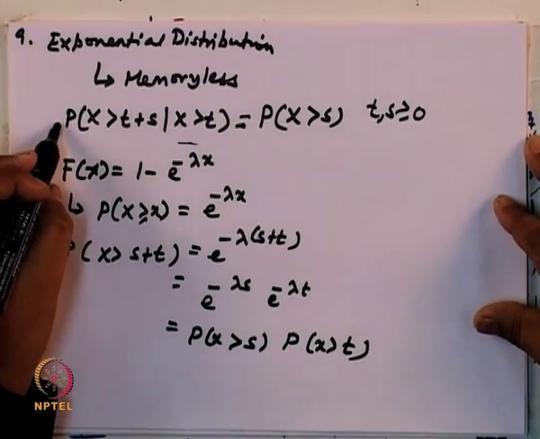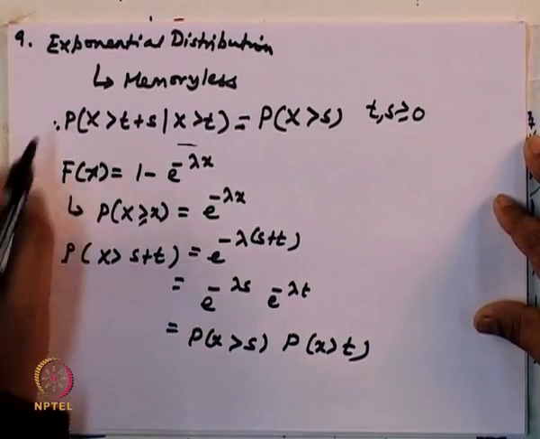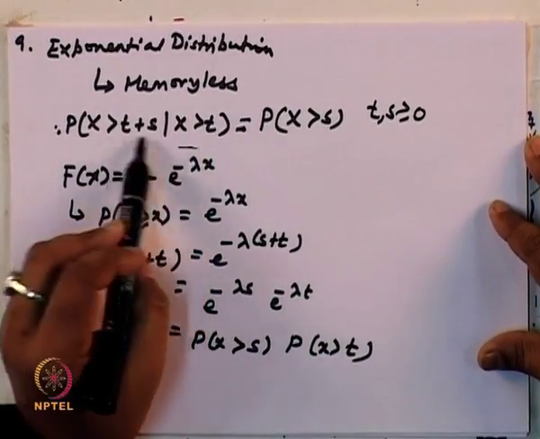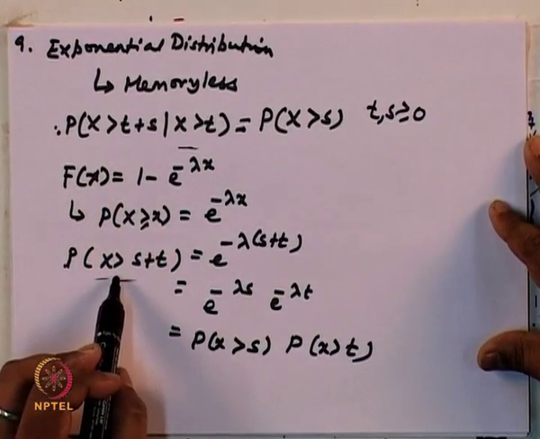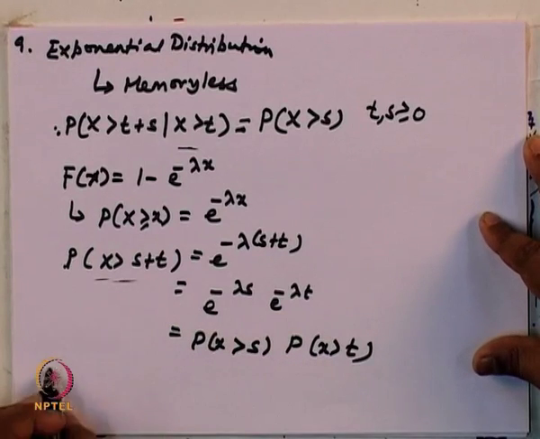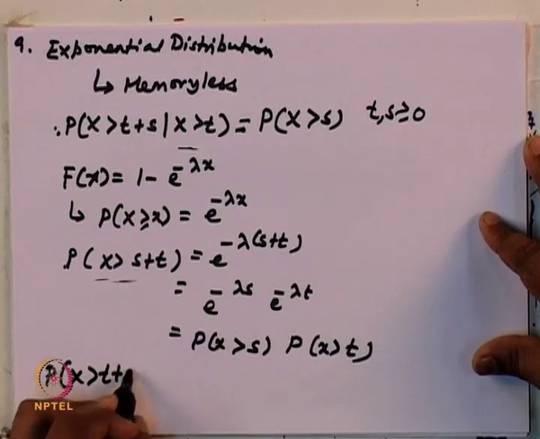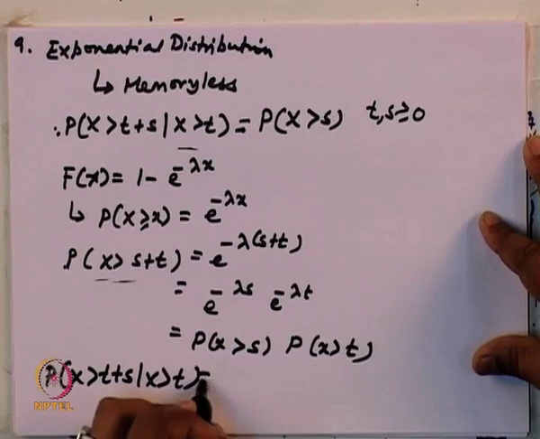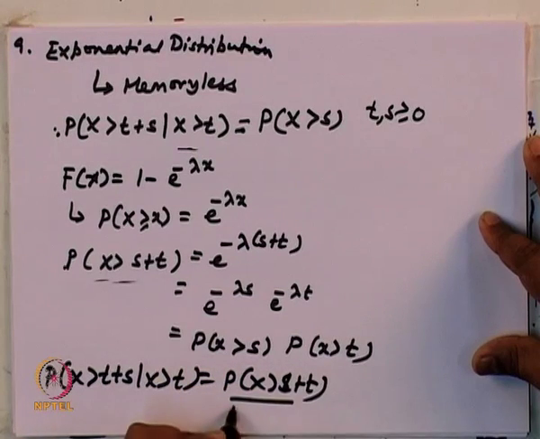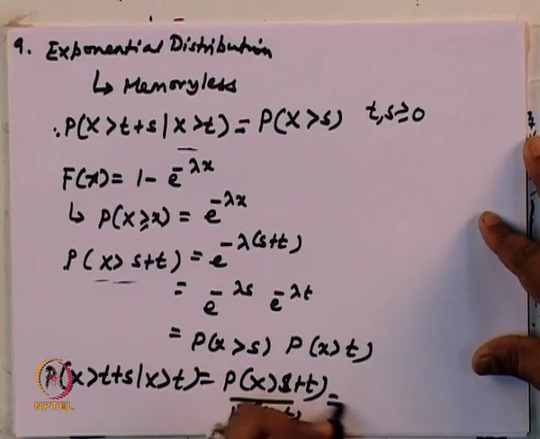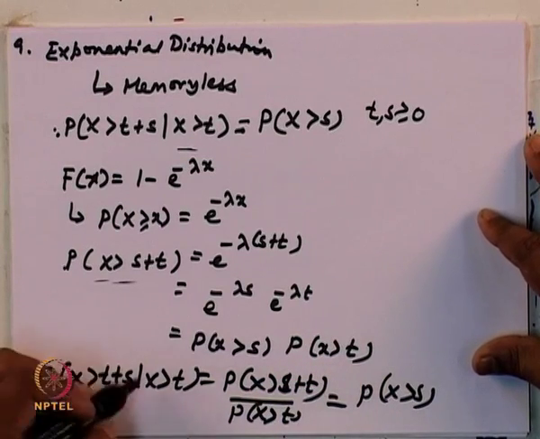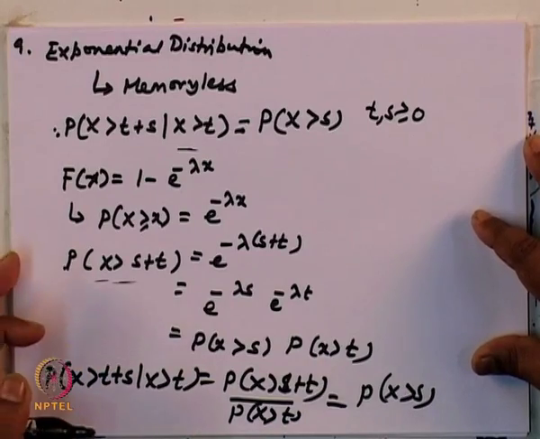Now, the probability of X greater than s plus t given X greater than t is the probability of X greater than s plus t divided by the probability of X greater than t, and this gives me the probability of X greater than s. So, this proves the memoryless property of this particular distribution.